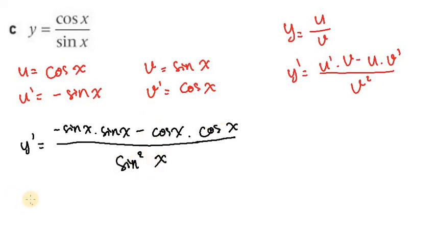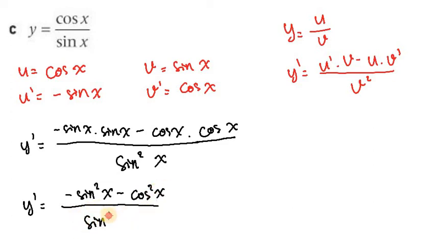Now from here we can see that we have sin times sin, sin square, and cos times cos, cos square. So we will end up with y accent equals negative sin square x minus cos square x, divided by sin square x. Now we can factorize the negative.